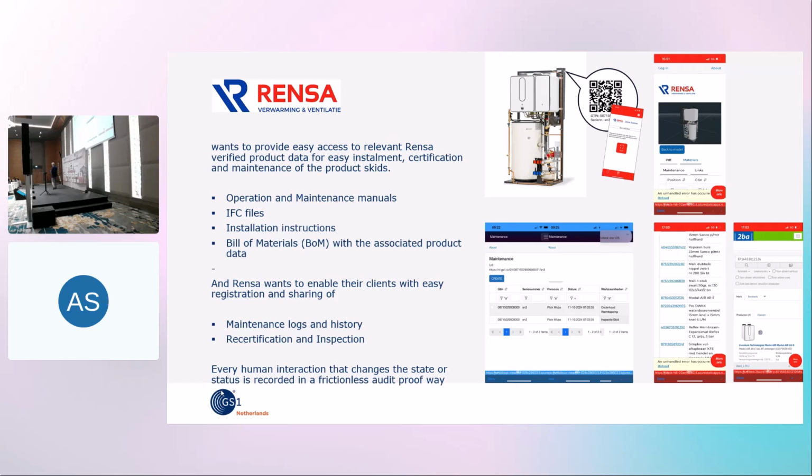So basically what you see in the upper corner is the IFC file, the 3D model. Below that is the bill of materials, and you see that the GTINs of the products are in blue. And if you click on that, you go to a data pool in the Netherlands where all product data is stored, and you can easily retract that.